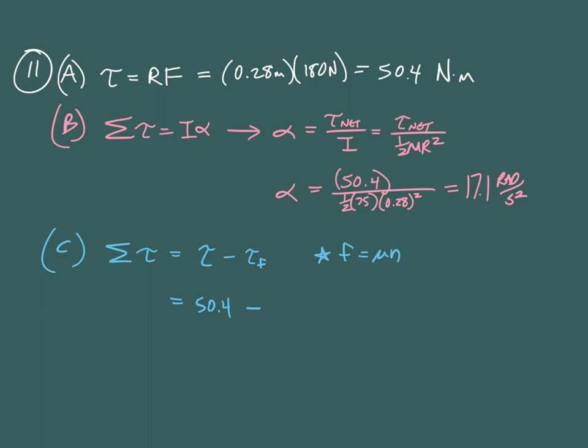Let me rewrite this to be explicit. It's going to be friction times the radius that this force is exerted at. That's our torque. Remember, torque is always an rF sort of thing. And so that means I'm going to have 50.4 minus mu n r. So my sum of torques, 50.4 minus, oh, what is it?